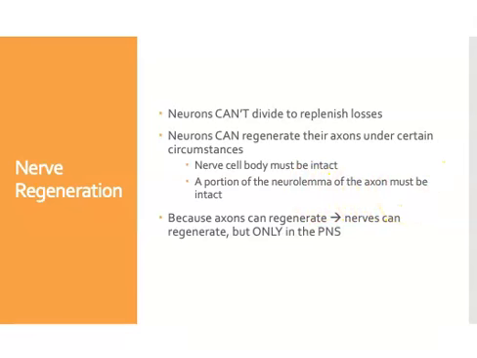If the nerve cell body and the axon hillock membrane is intact, the axon can be regrown, regenerated. And since axons can regenerate, that means nerves can regenerate. But, and this is critical, only in the peripheral nervous system.